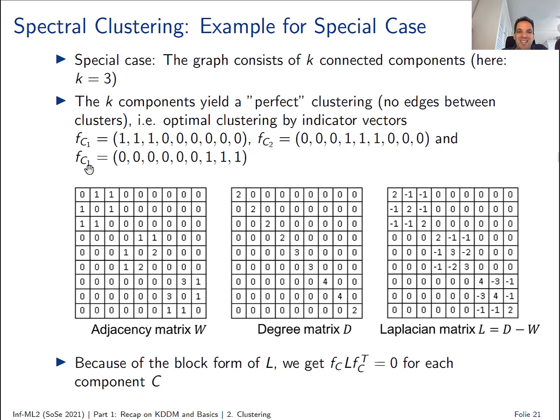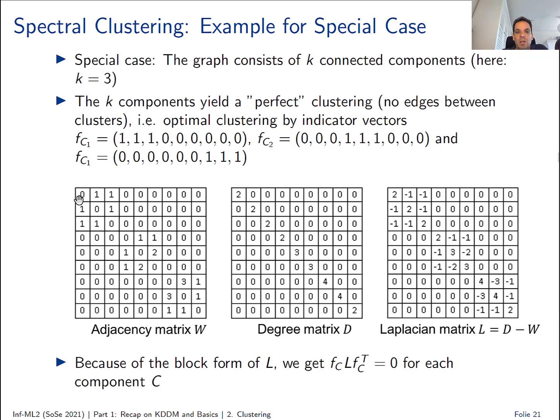So that should read F_C3, of course, here. Sorry for that. So they are in the third connected component in that case. That is a perfect cut, because we don't have any connections between the first three nodes and the others, and no connections between the second three nodes and the others, and so on.